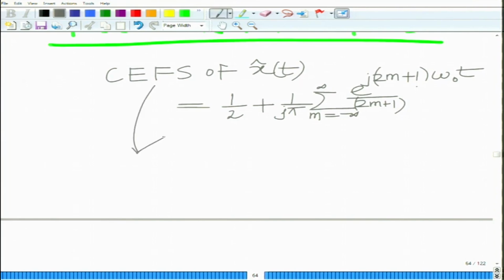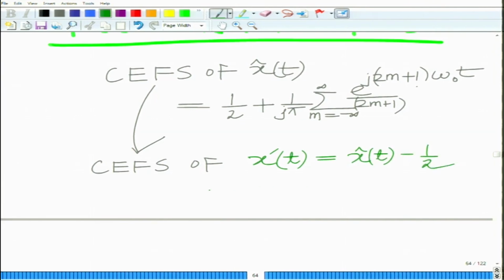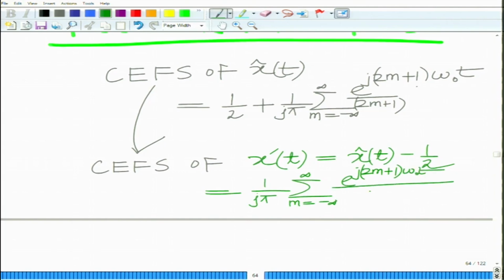Therefore, this implies the CFS, the complex exponential Fourier series of x prime t, which is equal to x tilde t minus half, that is equal to, now subtracting half, you can readily see that it is 1 over j pi, summation m equals minus infinity to infinity, e raised to j 2m plus 1 omega naught t, by 2m plus 1.